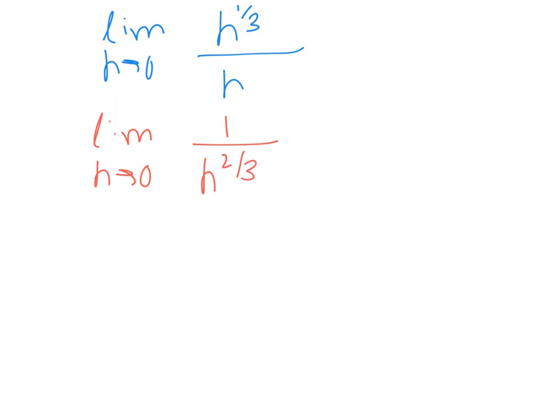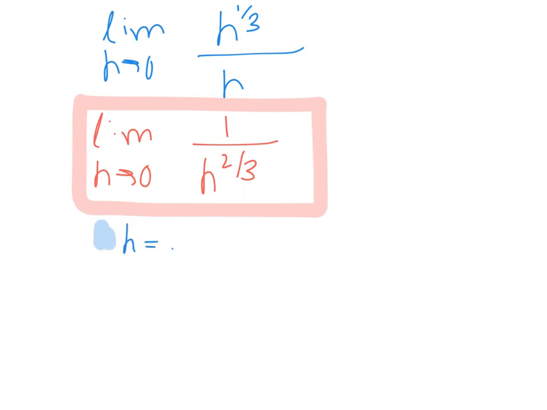So what would this limit be then? This limit is actually interesting. What would happen as h is getting closer and closer to 0? Let's do some quick evaluations. What happens if h was a really small number? Let's start with 0.01. We would get 1 over 0.01 to the 2/3 power, which I calculated to be about 21.54.